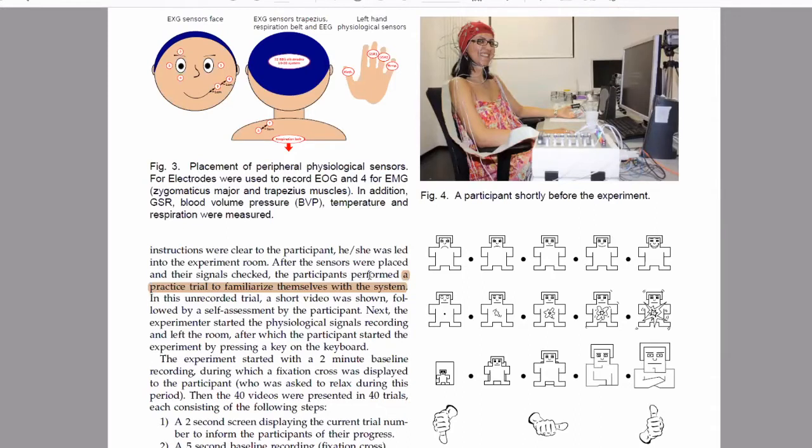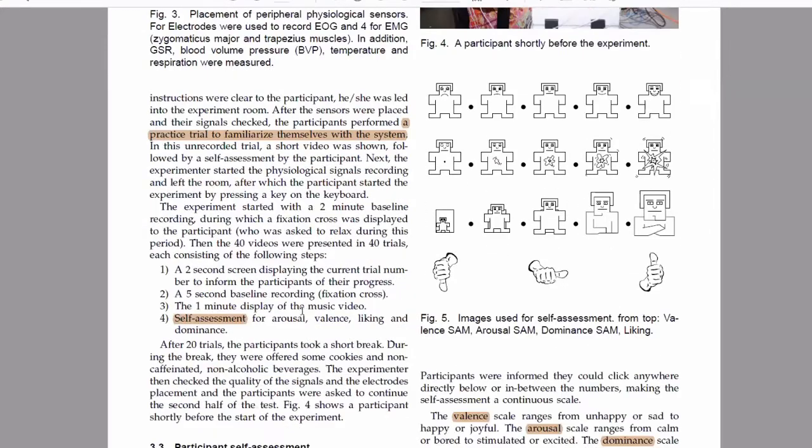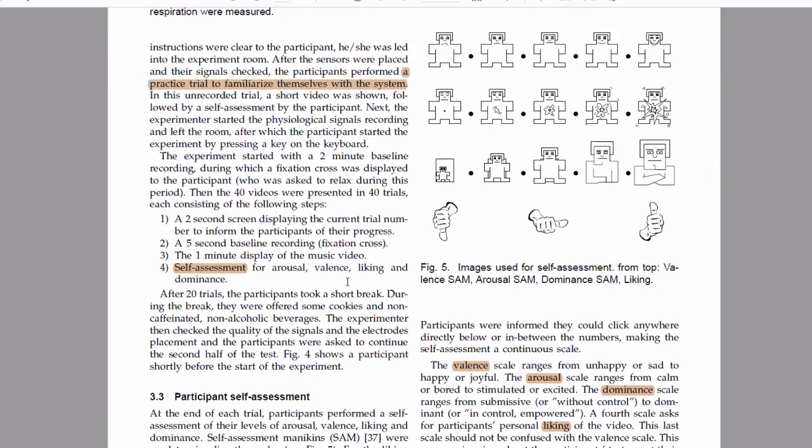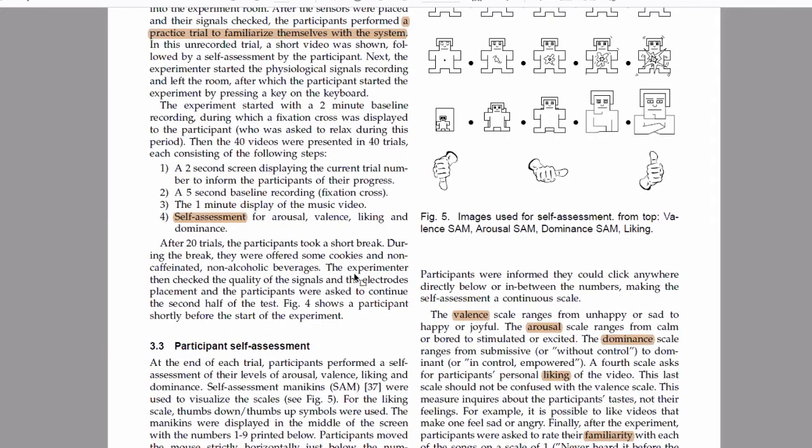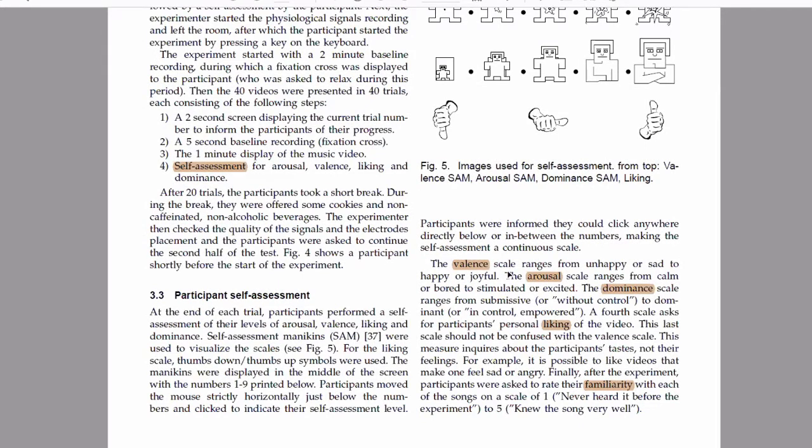Then they performed a practice trial. Normally they did 40 videos, and at the end of each video, they ask the participants to do a self-assessment, to rate the emotion into arousal, valence, liking, and dominance, 4 scales. Those 4 scales are explained here.